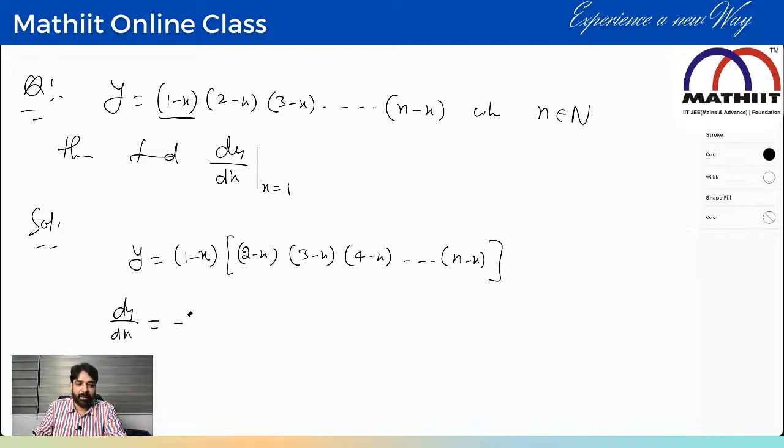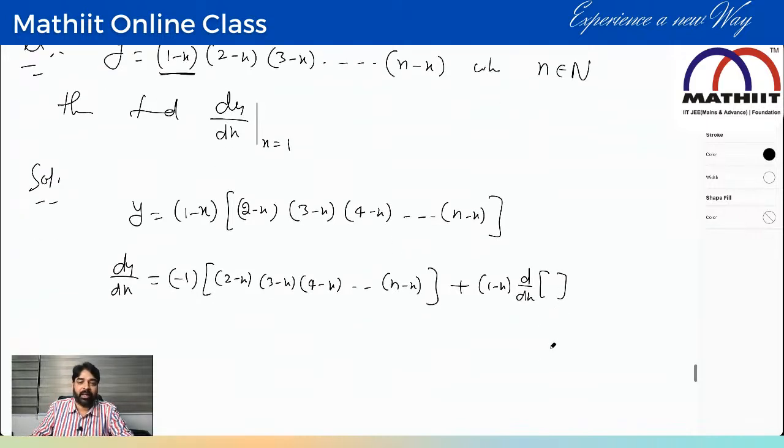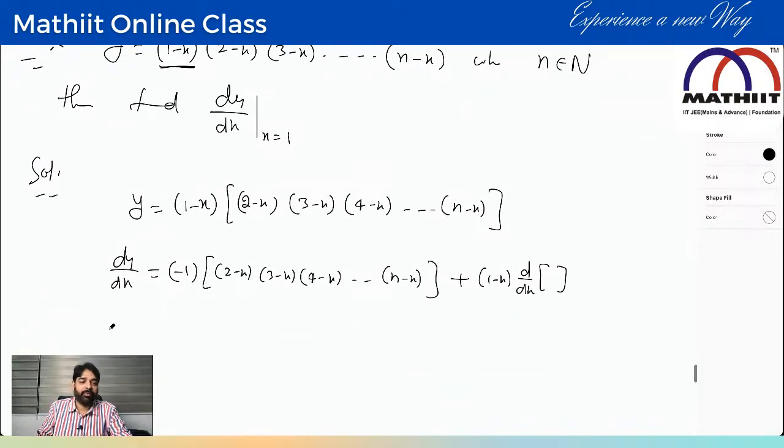Differentiation of this is minus 1, because the derivative of 1 is 0 and x differentiates to 1, so minus 1, into the rest 2 minus x, 3 minus x, 4 minus x, and so on, n minus x, plus this into differentiation of the rest.